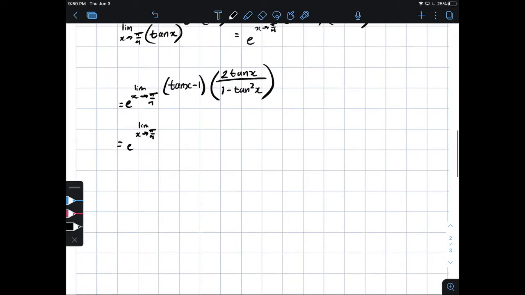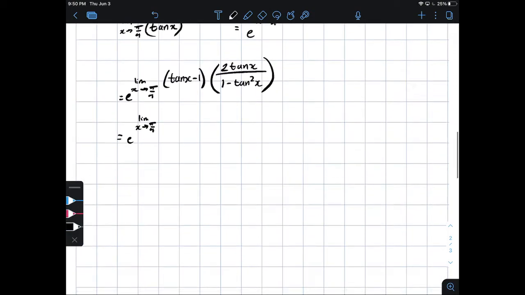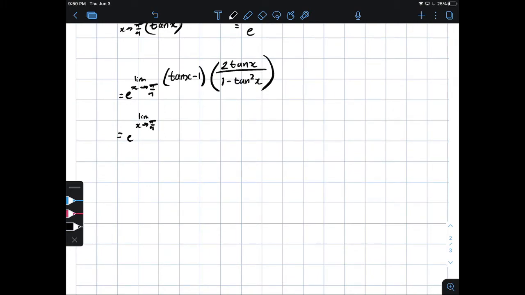So first I will just expand the bottom. I'll condense everything first. So 2 tangent x, but then over this, what I was hinting at, we'll expand this bottom. So it'll be 1 plus tangent x, 1 minus tangent x.